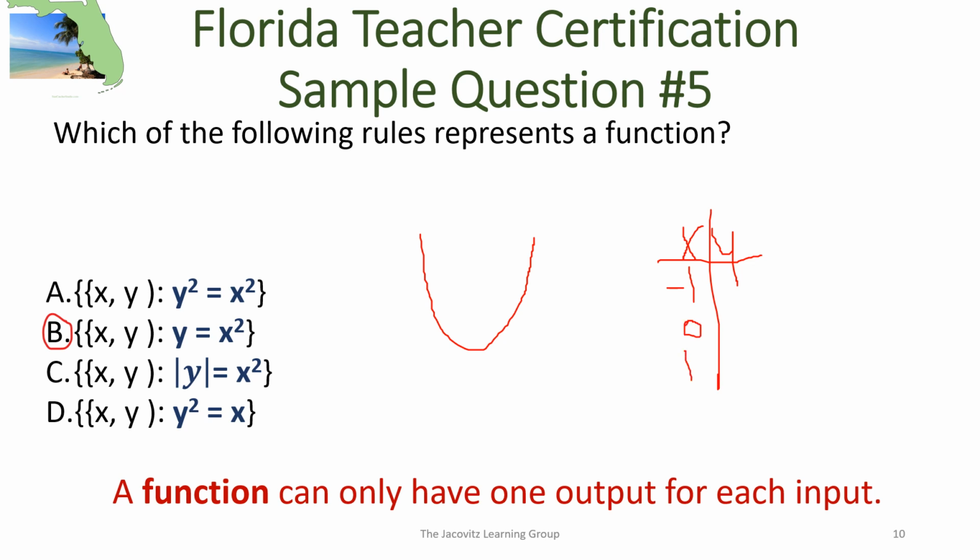In this situation, you'd still have x squared as 1, you'd still have 0, still have 1, but you'd have a -1 on this side going here. You'd have this and another here, so you want that. So your absolute value is out, that's C, because this parabola represents that.